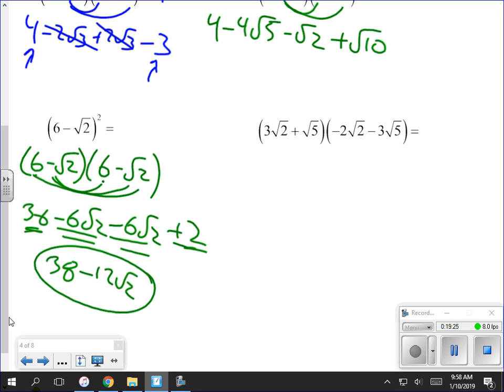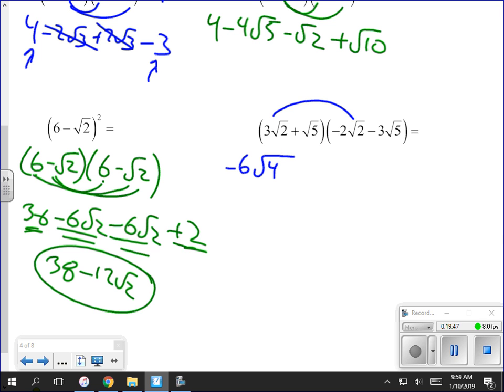This one's actually not too bad. So, first 2 terms. 3 root 2 times negative 2 root 2. Square root of 2 times square root of 2. I'm actually going to do this one slightly different so you can see how it works. 3 times negative 2, negative 6. Square root of 4.